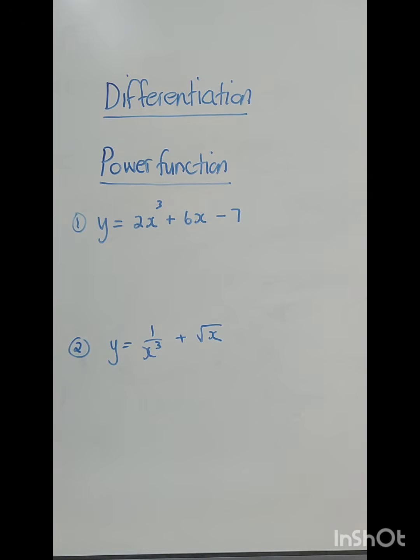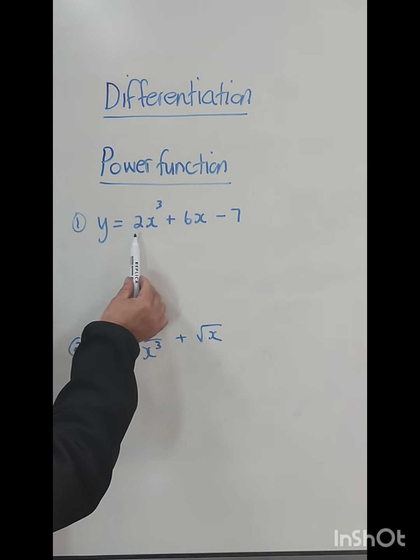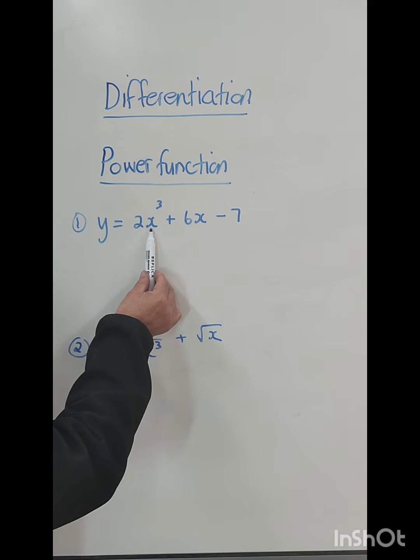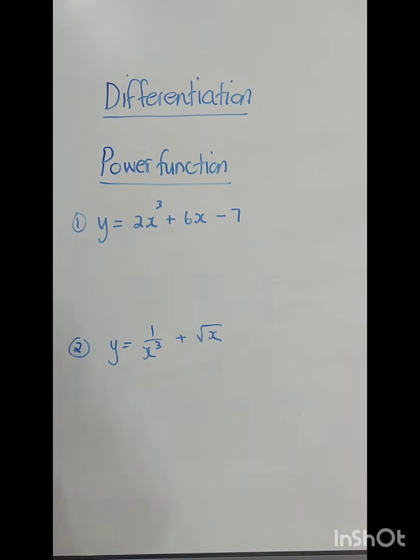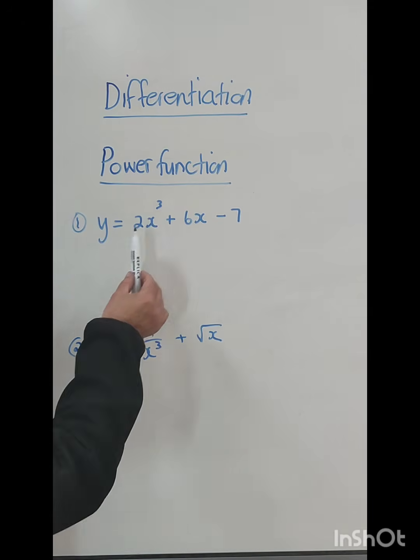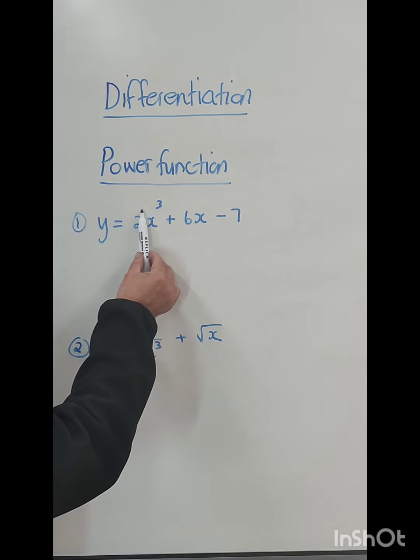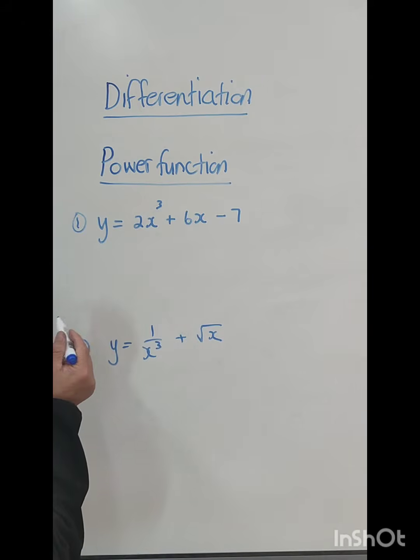So to continue, now we're going to do differentiation techniques, and the first one is the power function. There your equation starts y equals, and you will derive with reference to x, and x is the base number. So what you do, you take the exponent of the x, you multiply it to the front, and you minus 1 from it.